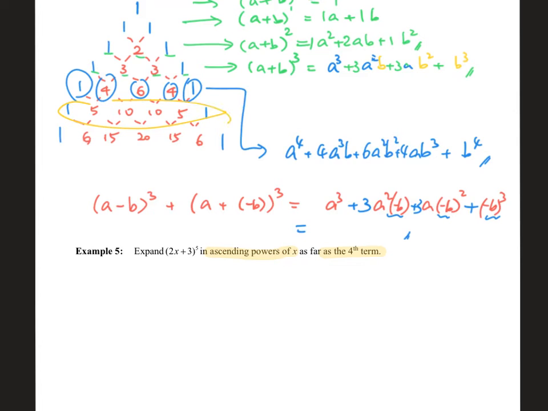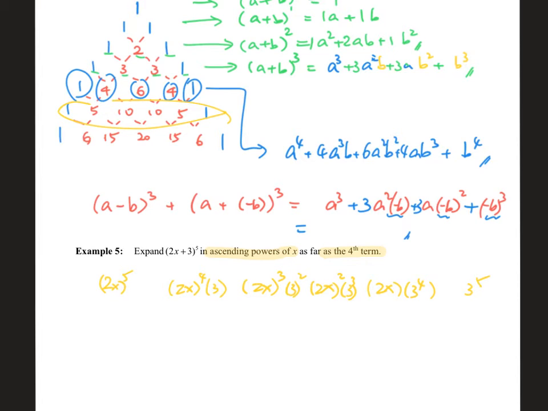You need 1 5 10 10 5 1 first, but you need to make your choice carefully. If you write (2x) to the power 5, then (2x) to the power 4, (2x) cubed, (2x) squared, 2x and no x, then 3 to the power 0, 3, 3 squared, 3 cubed, 3 to the power 4 and 3 to the power 5, you write in this way, there is not ascending power of x.